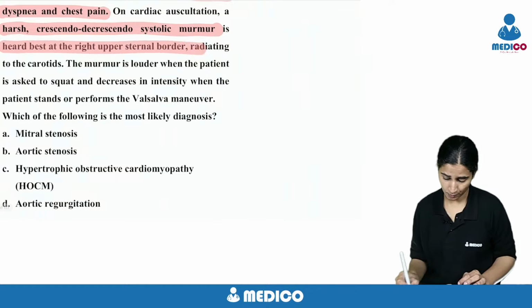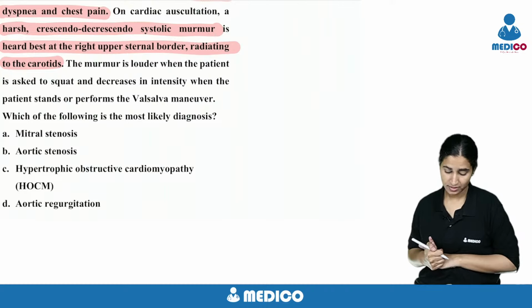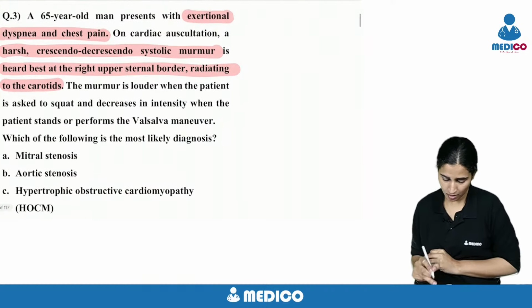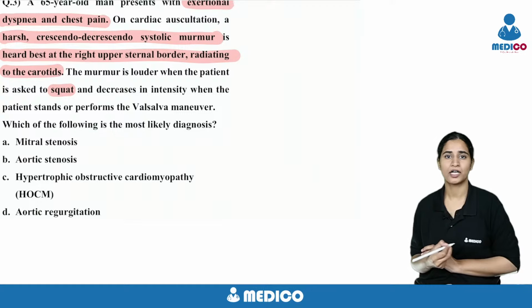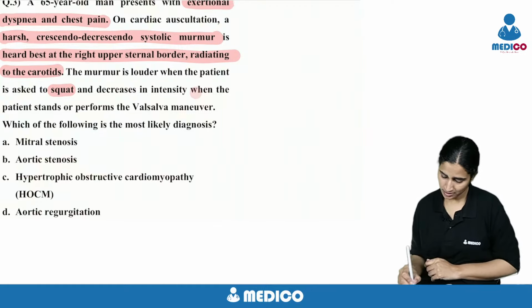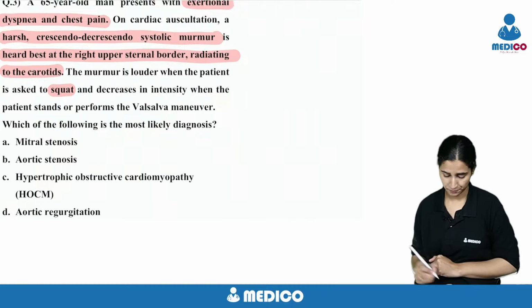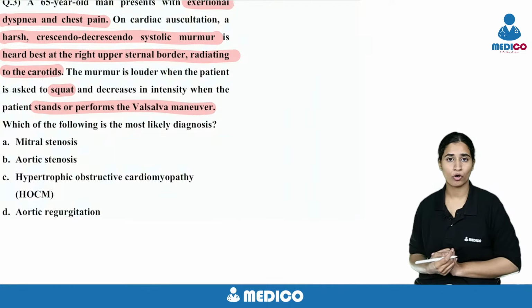Every point is important. And the murmur is louder when the patient is asked to squat. While squatting, afterload has increased and the murmur has increased, and it decreases in intensity when the patient stands or performs the Valsalva maneuver. Whenever the patient is standing or performing the Valsalva maneuver, what will happen to the preload?